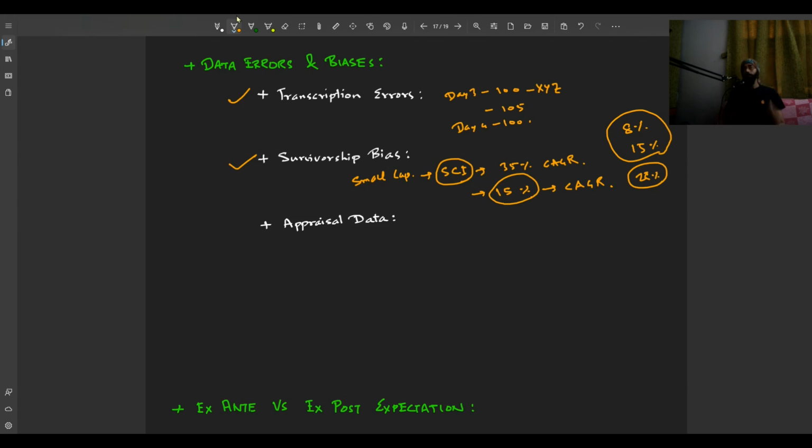Then comes appraisal bias. This is also called smoothing bias. Let me write it, smoothing bias also. Now this happens if you try to create indexes or charts out of transactions which are infrequent. And this is very often happening when you're trying to create real estate price indexes, right? They have smooth data because transactions are infrequent.